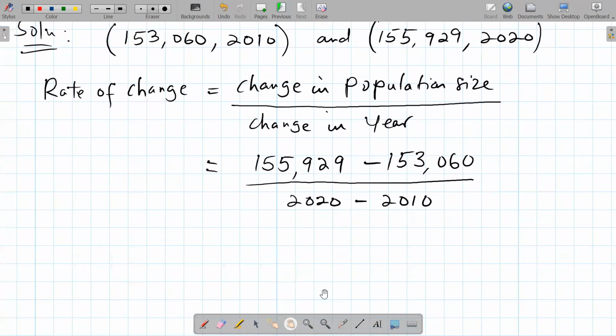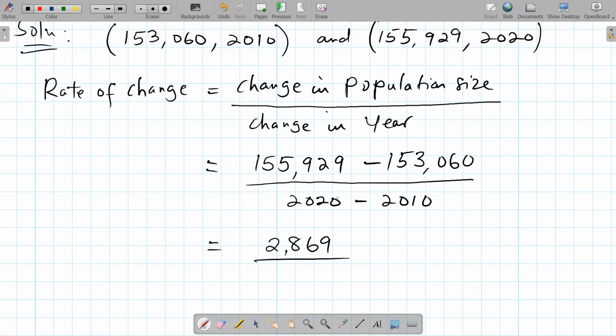Okay, so you can just grab your calculator, do that. Let me grab my calculator quickly here. So I have 155,929 minus 153,060. That gives me 2869.